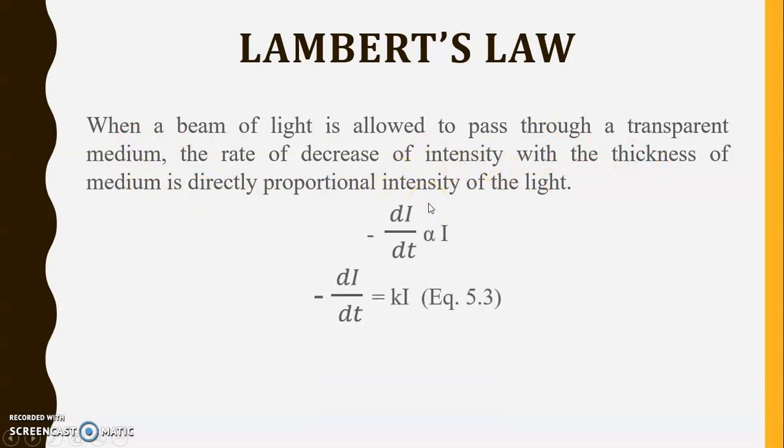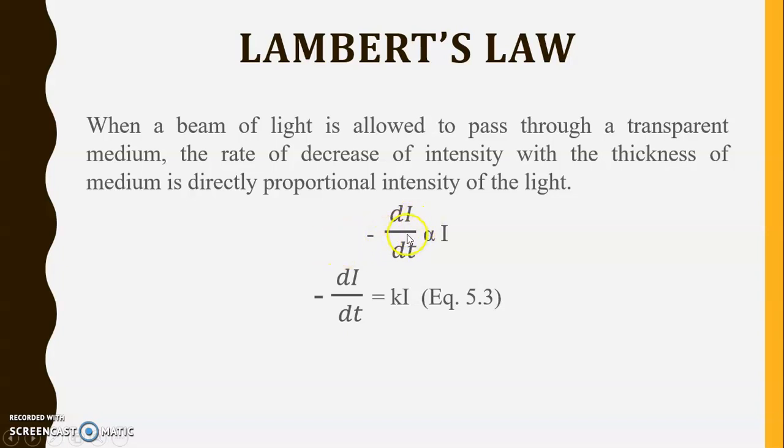This can be denoted by this equation, where you can see the rate of decrease of intensity, I here represents the intensity, with T, the thickness, is directly proportional to your intensity of light. As this rate is decreasing, a negative sign is used.